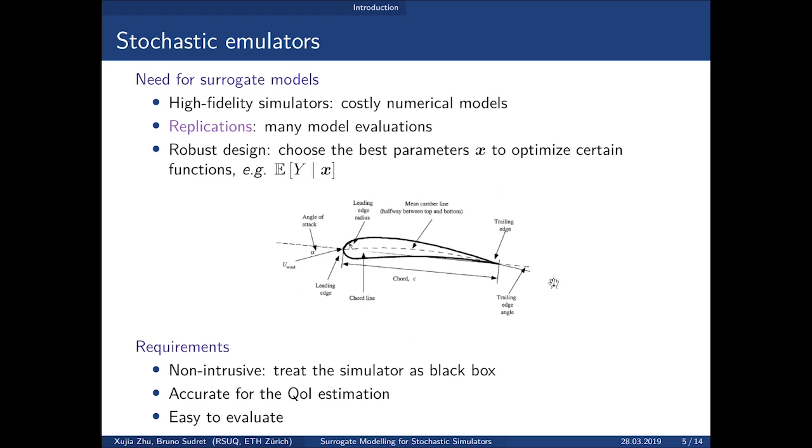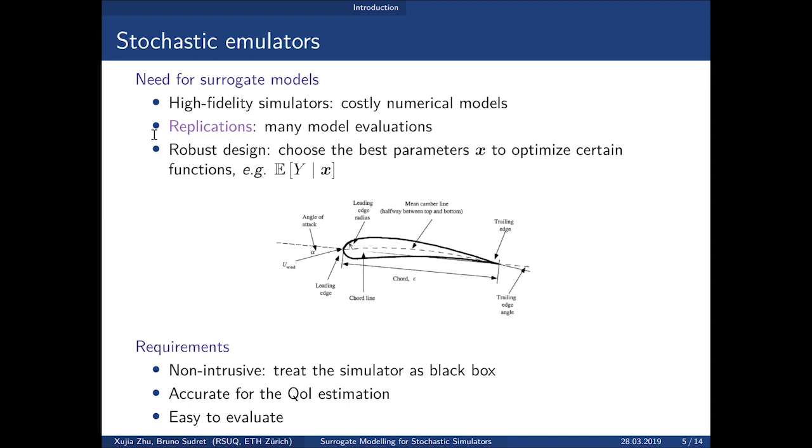When we fix the shape of the wings, due to the environmental uncertainty, the lift force is uncertain. The objective is then to find the best shape that maximizes the lift force in expectation. To this end, we need to explore the design space and carry out replications for each point in the design space. Consequently, many model evaluations are necessary, which requires a high computational power.